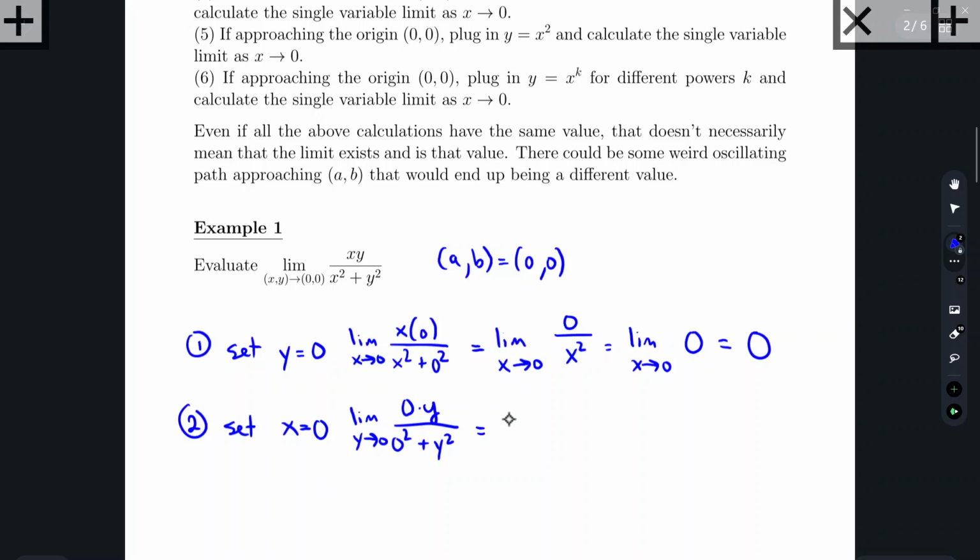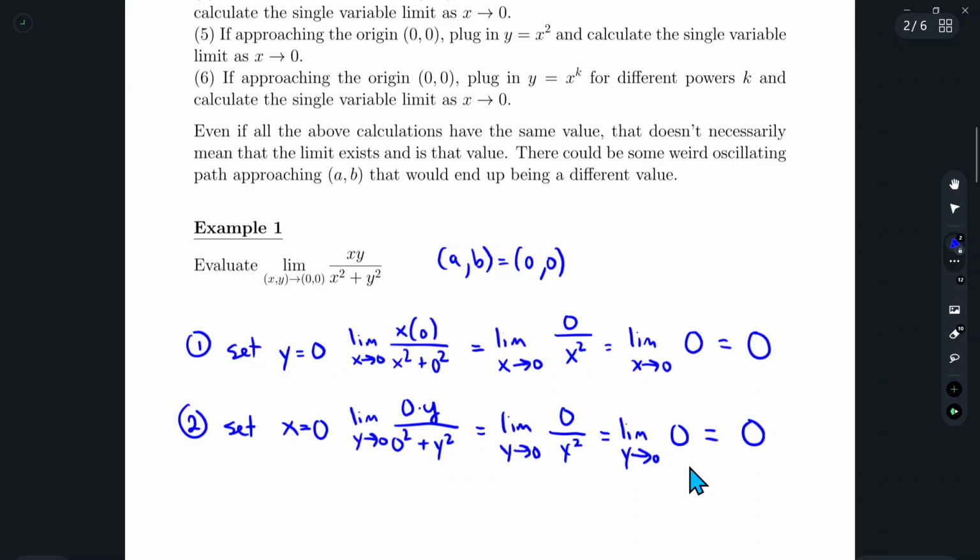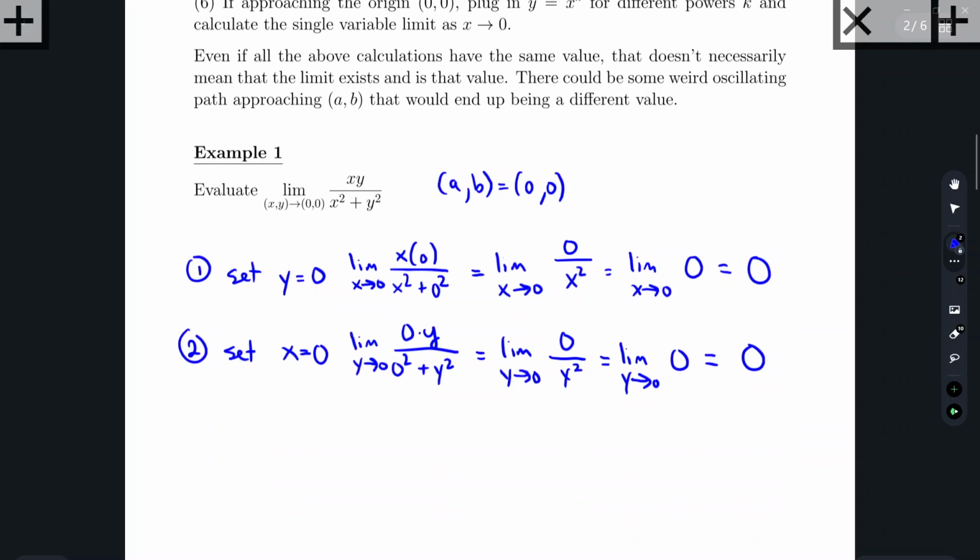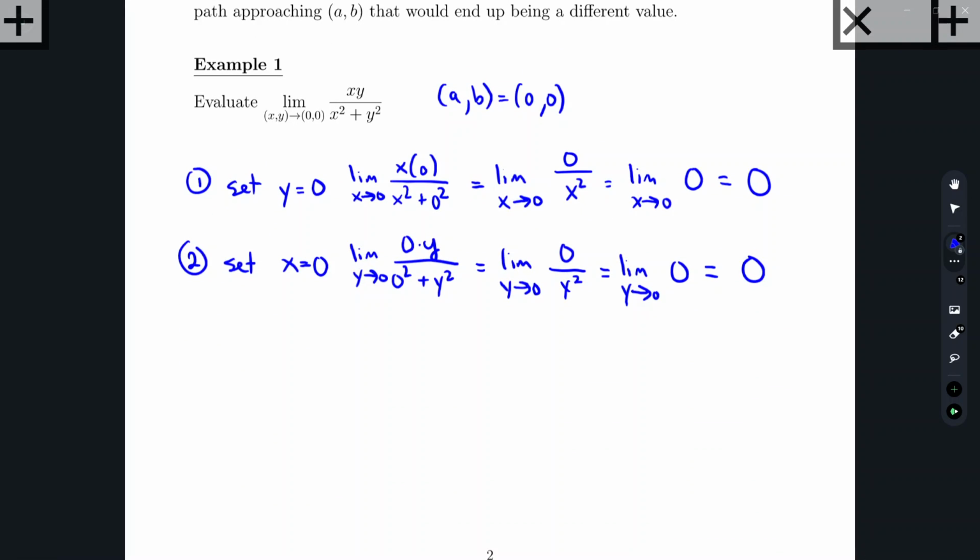And again, before calculating the limit, you simplify the function as much as possible, right? So 0 times y is just 0. The denominator is y squared. 0 divided by anything is just 0. So this is just a limit of a constant, which is the value of that constant, which is 0 in this case. Okay, so far the value of the limit along these two paths has the same value. So we can't say that the limit doesn't exist yet.